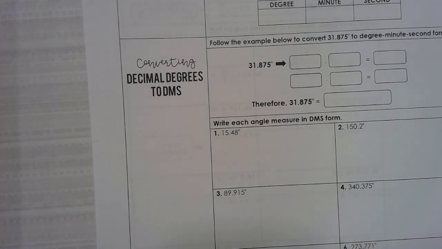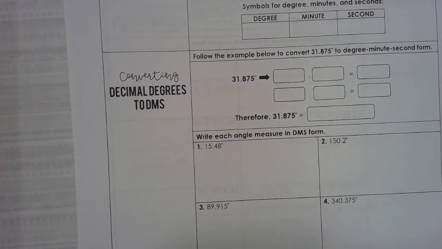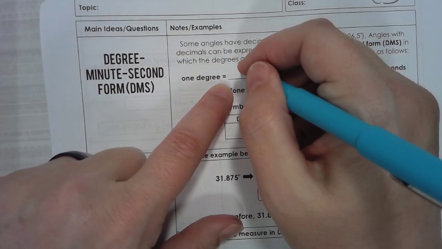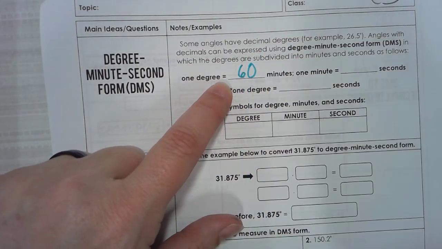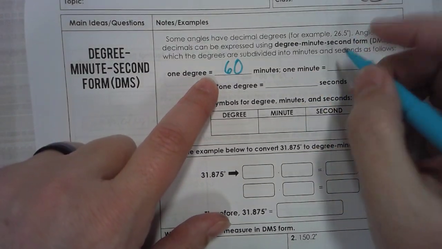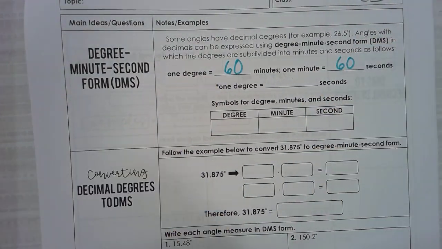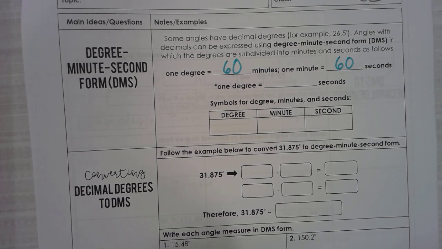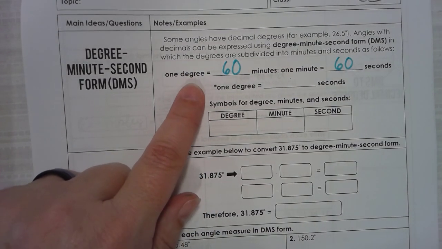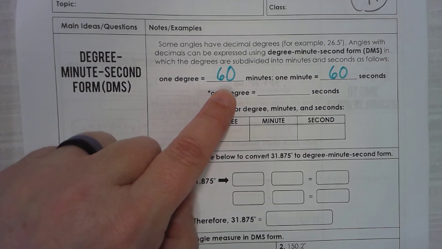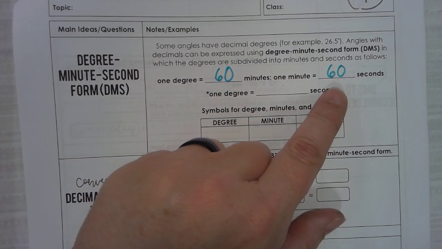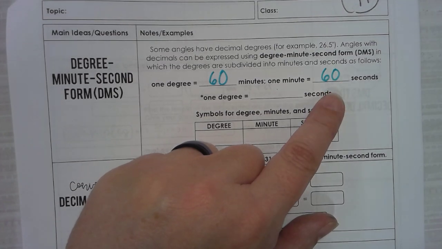So what we know is that 1 degree is equal to 60 minutes, and 1 minute is equal to 60 seconds. 1 degree of our circle is 60 minutes, and 1 minute is worth 60 seconds.